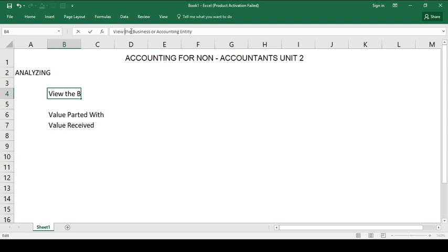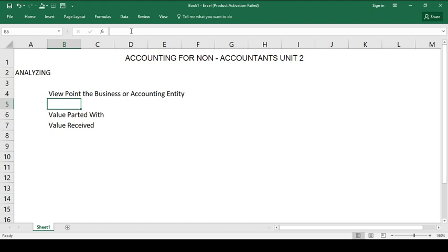for example, nagbenta ka ng supplies or inventory to customers for cash. That is an accountable transaction that will affect the business organization. Tanong mo ngayon, what is the value parted with and what is the value received? So, nagbenta ka ng inventory in exchange of cash. That is our transaction.